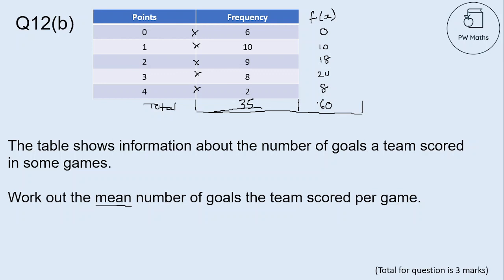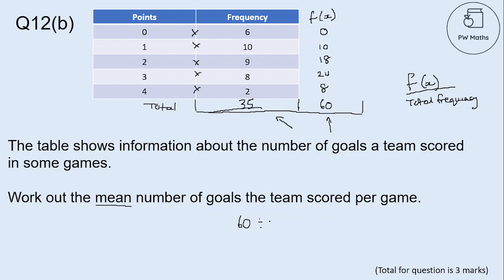Now to find the mean, we add all of the things up together and divide by how many there are, and it's no different really when we're working with frequency tables. But this time it's the f times x divided by the total frequency. So it's always this column divided by this column.